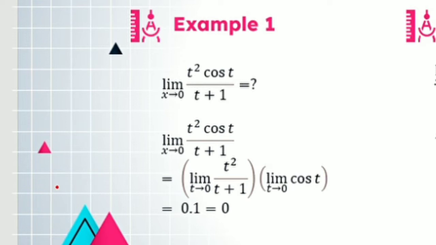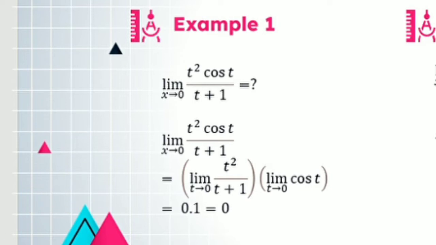Therefore 0 to the power of 2 divided by t plus 1, and the second type is limit t close to 0 of cos t, and then we substitute.